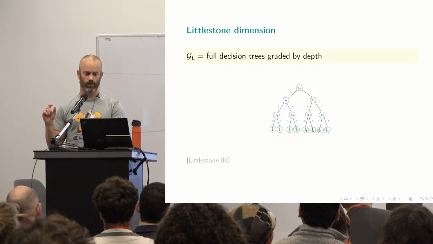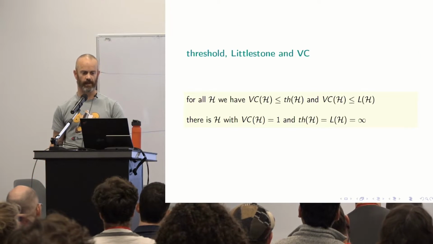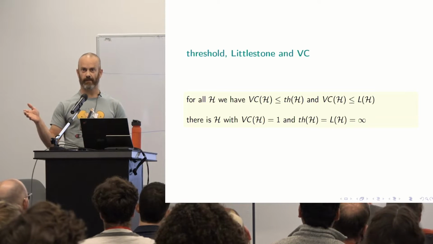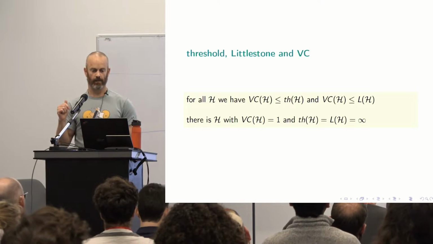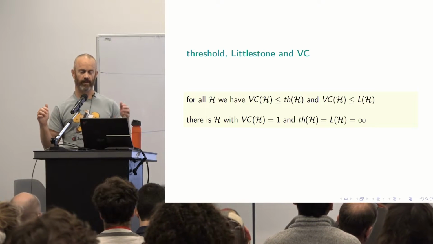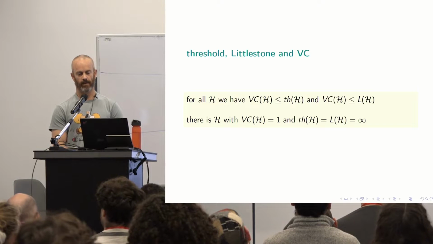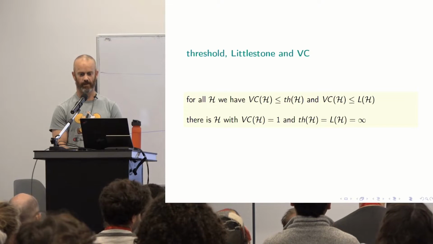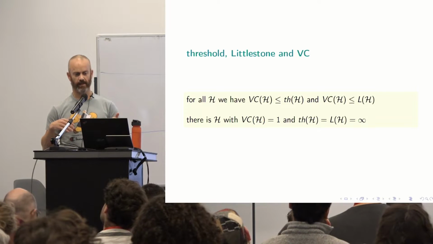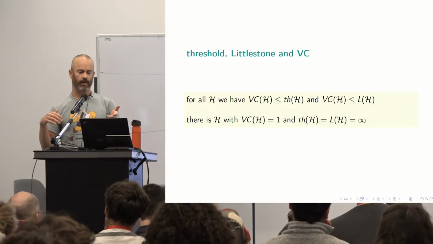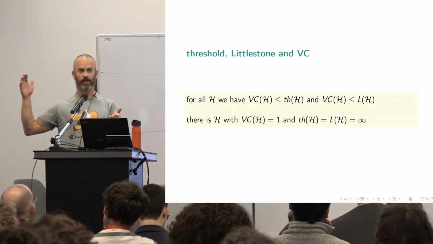The first thing I want to do is relate them to the VC dimension. So the VC dimension is the smallest between all of them. So it is the least among all of them. So this is one statement. And the second statement is that the VC dimension could be 1 and the other two could be infinite.